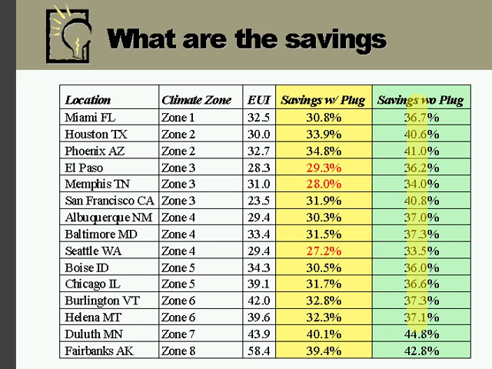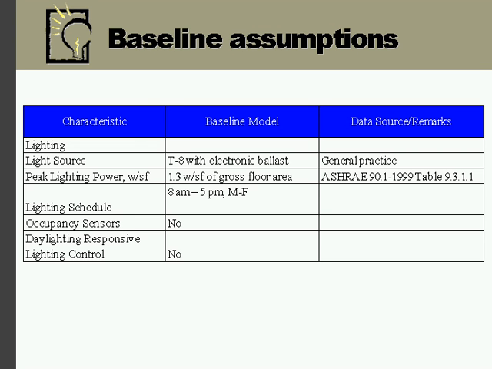Now, when we get into lighting specifically, these are the base assumptions that are in the information that Eric already talked to you about, of the ASHRAE Standard 90.1-1999. They are based on T8 fluorescent lamps with electronic ballasts. They're based on 1.3 watts per square foot lighting load in the office areas.